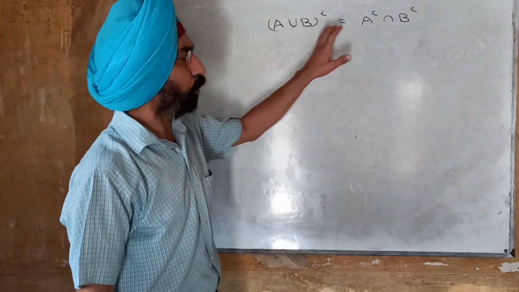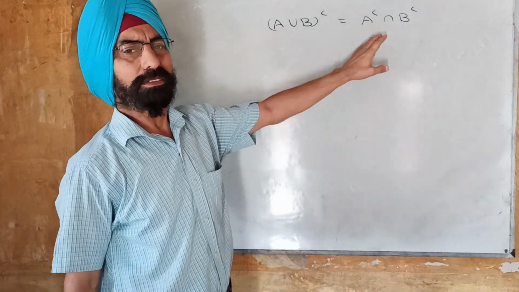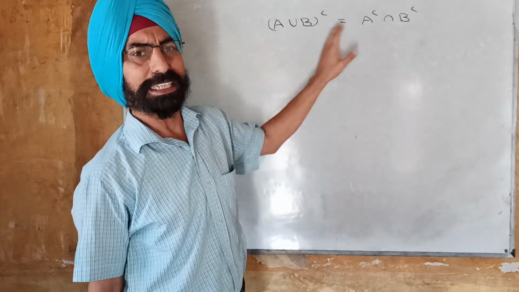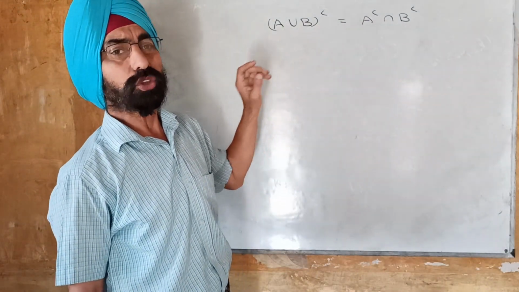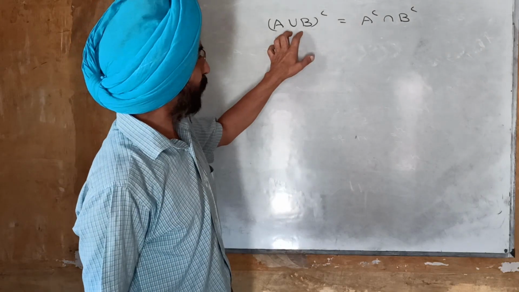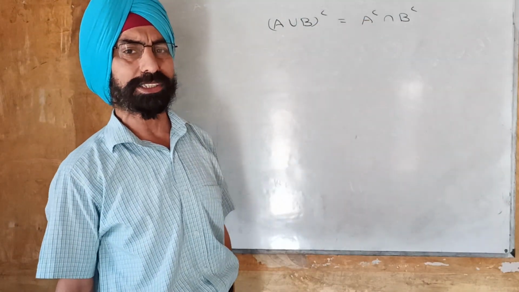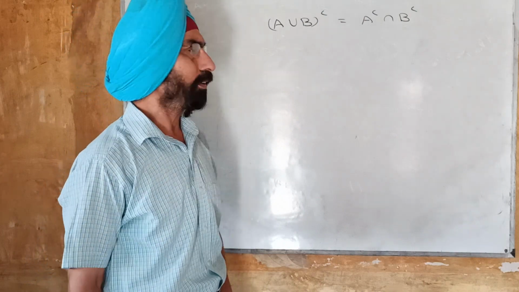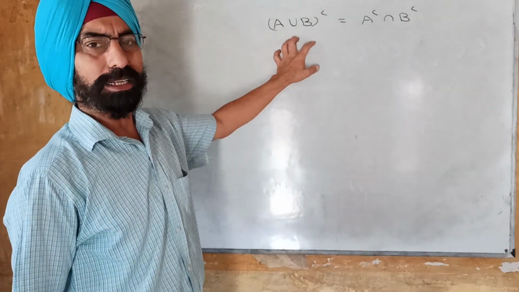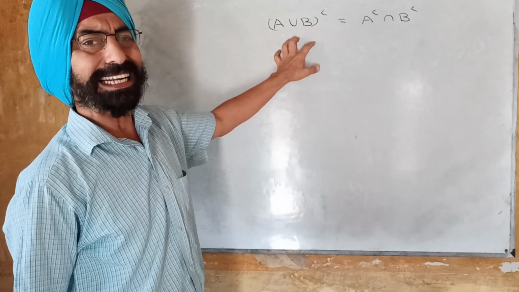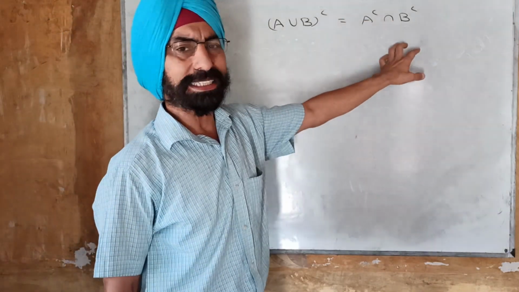Now if we want to prove this, that means we will have to prove that this is a subset of this and this is a subset of this. So how to prove that (A union B) complement is a subset of A complement intersection B complement? We will take one arbitrary element from this set, and we will prove that that element also belongs to this set.